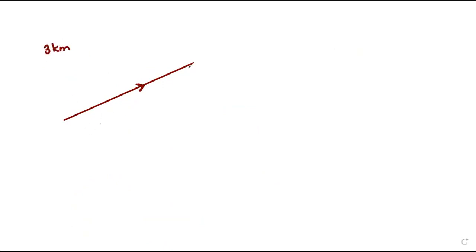So this whole thing is 3. And it's telling me that this is moving from this end to this end. So this arrow is giving me the direction. So this is a vector representation by a line segment.